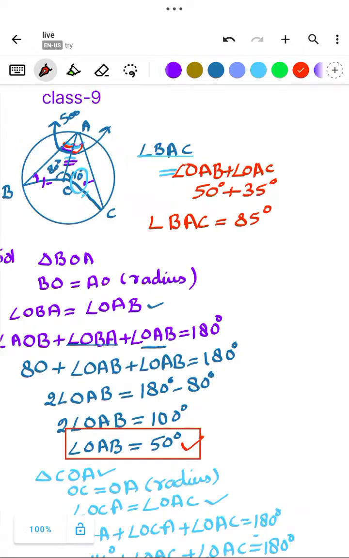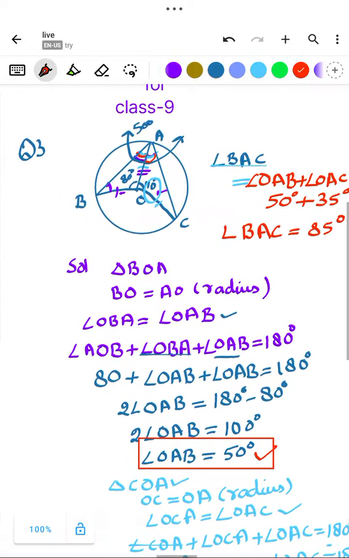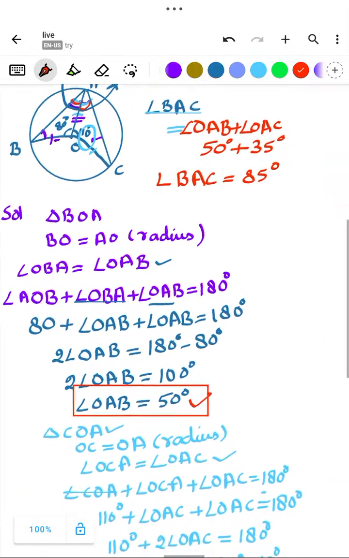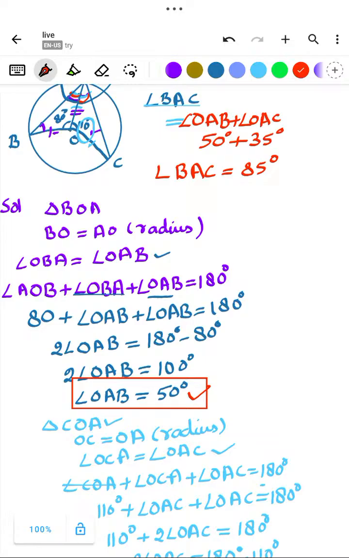So this is the answer for question number 3. Now I will give you a similar question that you can solve very easily.